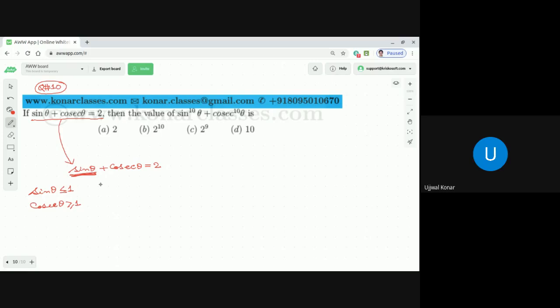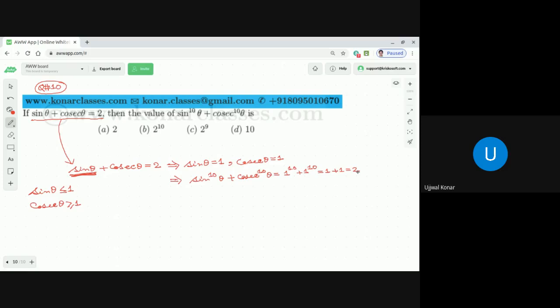So that's it, it's only 2. So this implies sine theta is equal to 1 and cosec theta is equal to 1. Dear Divanshu, is this absolutely clear? This implies sine power 10 theta plus cosec power 10 theta should be equal to 1 power 10 plus 1 power 10, that is equal to 1 plus 1, that is equal to 2.